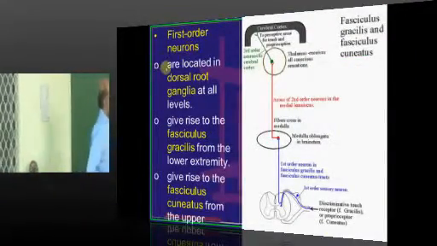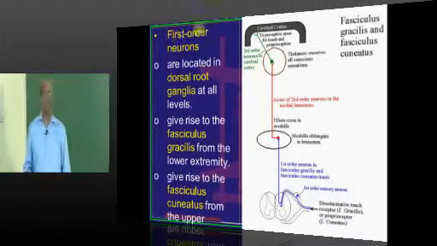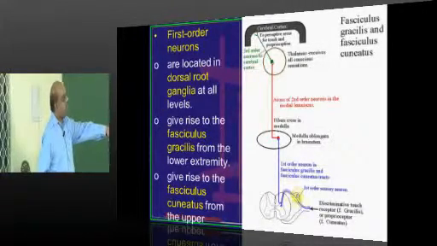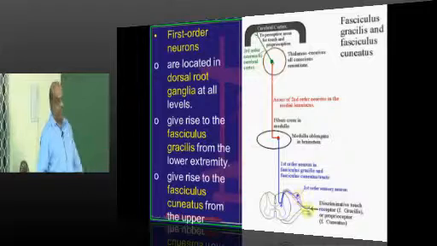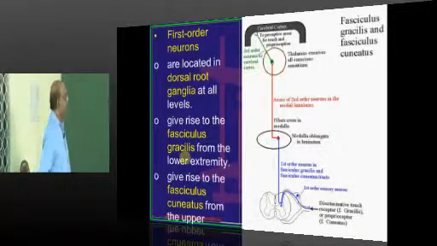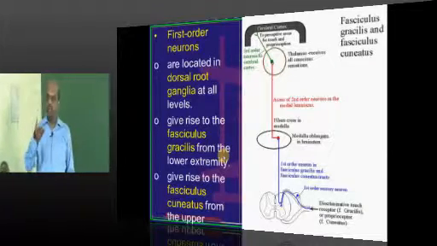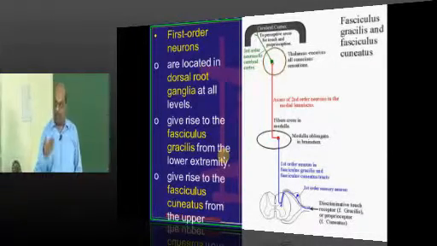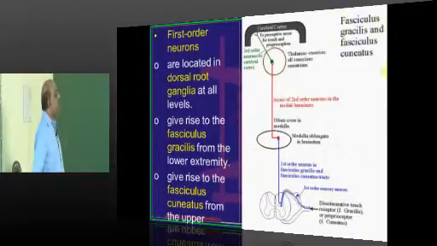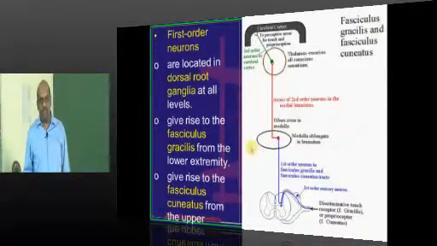Now, what are the first order neurons? Typically, the first order neurons are all located in the dorsal root ganglion at all levels. They give rise to fasciculus gracilis when the information comes from the lower limb, and fasciculus cuneatus when it comes from the upper limb.